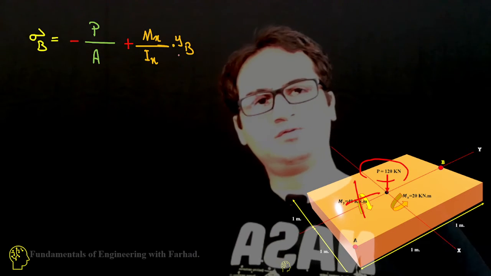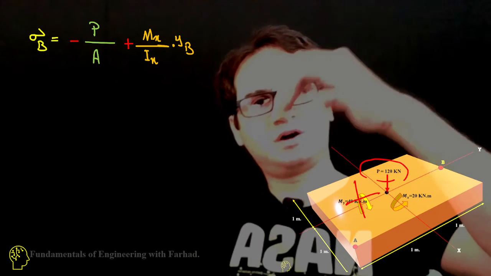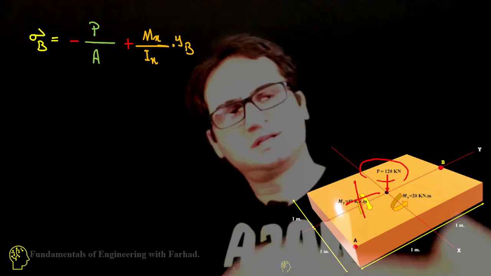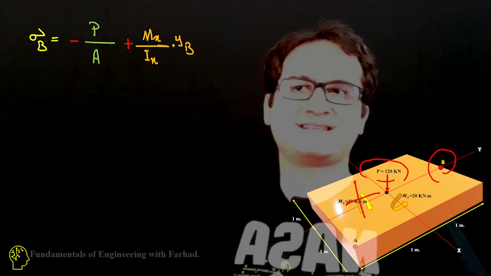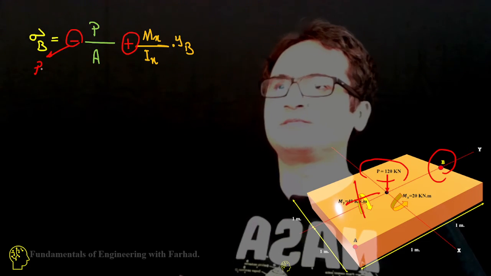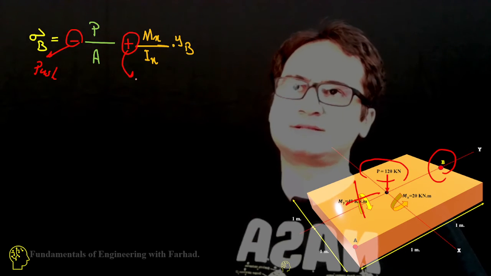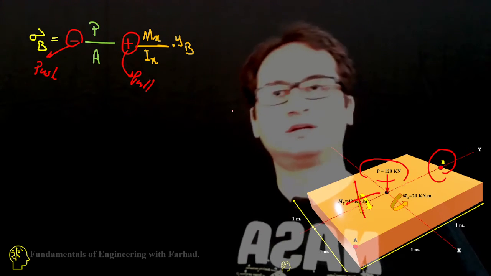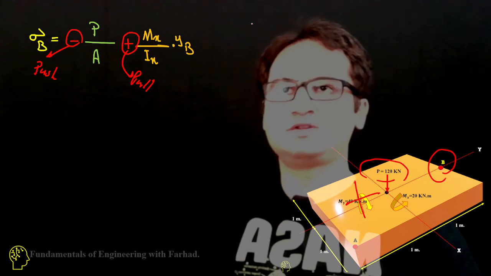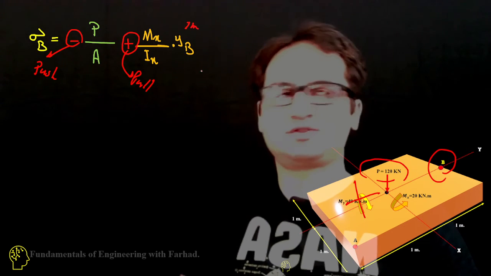Then the effect of Mx is a push at point A and a pull at point B. So that's positive, because this is a push, compression, and this is a pull, which is tension. So Mx over Ix times yB, which is again 1 meter due to the symmetry of the structure.